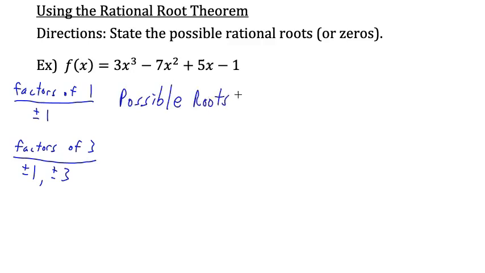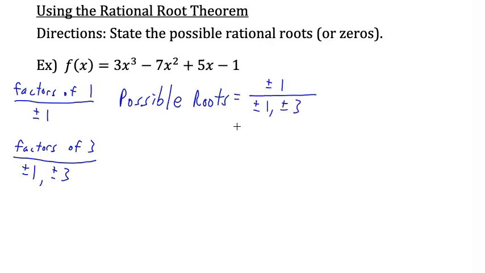Now, one way of organizing this information is to just draw a large fraction here, and we'll put our possible factors of the constant term in the numerator. So in this case, that's just positive and -1. And then we'll put a list of the possible factors of the leading coefficient here in the denominator.